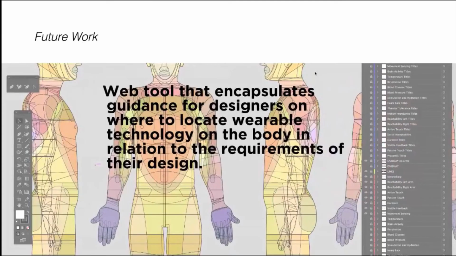So future work. The slide before that slide, I was talking about if we weighted everything the same, what does that body map look like? What I really want to do as a next step in this body map process is actually create a web tool so that if I'm a designer, I can go to this web tool and answer questions.